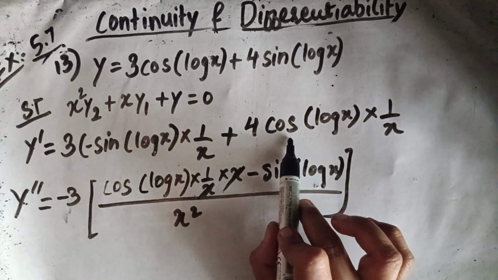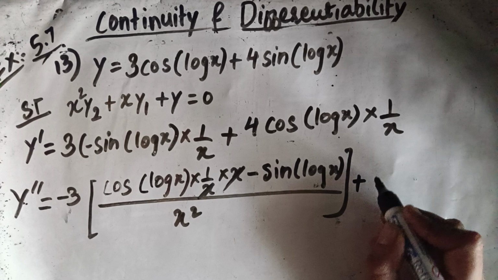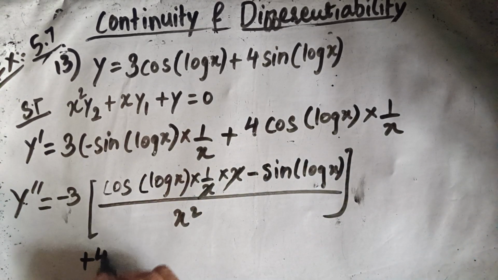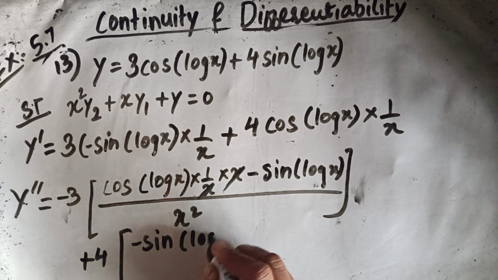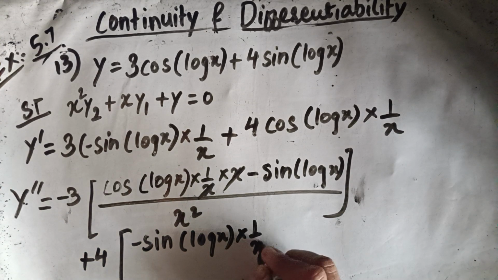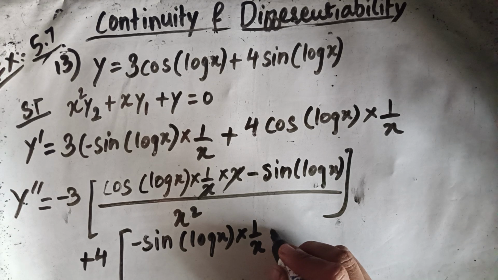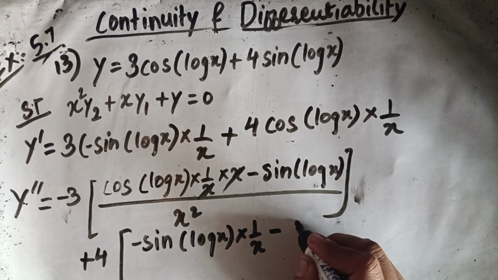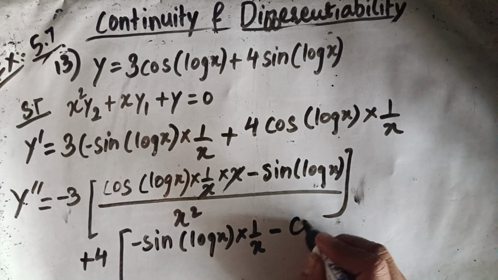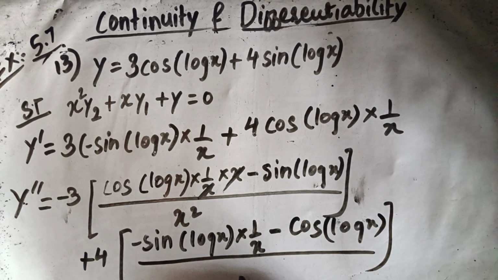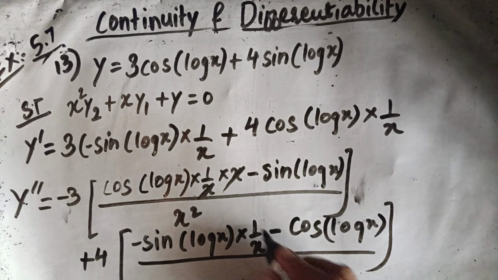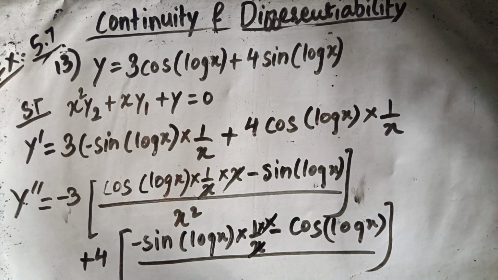Then you have to write derivative of this. So this is plus, I'll write here, plus 4 into cos log x is minus sin log x into 1 by x, minus 1 into cos log x, on x square.